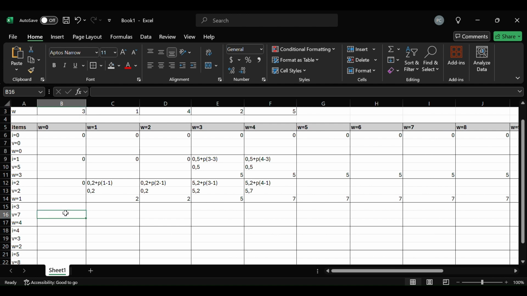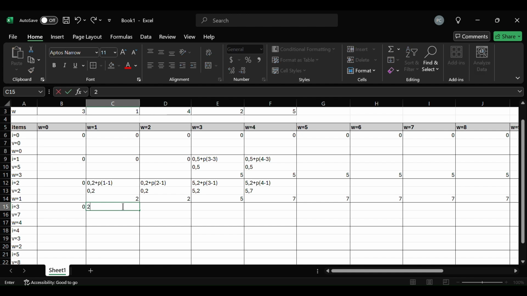Did not pick up versus pick up. Okay, so for the weight limit of 0, it's simply a maximum value of 0. Here we have a maximum value of 2, or our weight limit is 1. So can we pick up this item? No, we cannot pick up. So 0. So between 2 and 0, we'll just have 2, right?